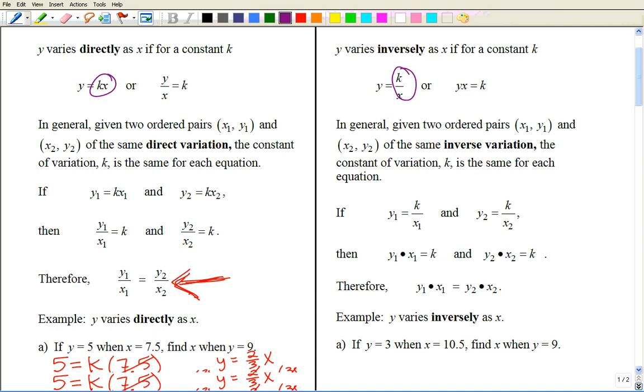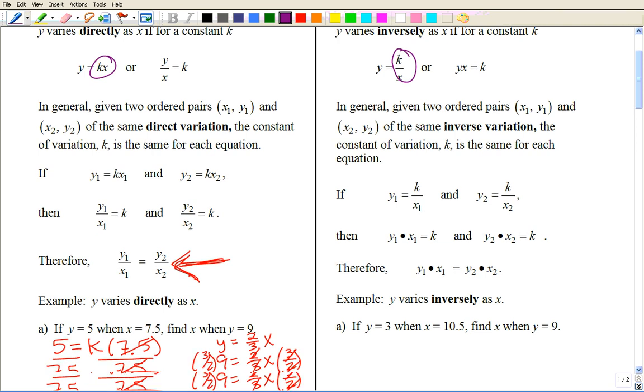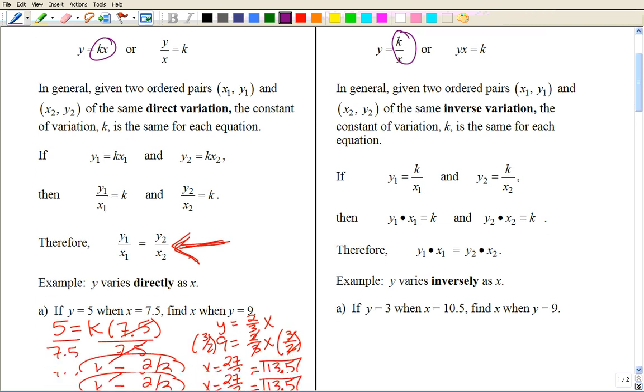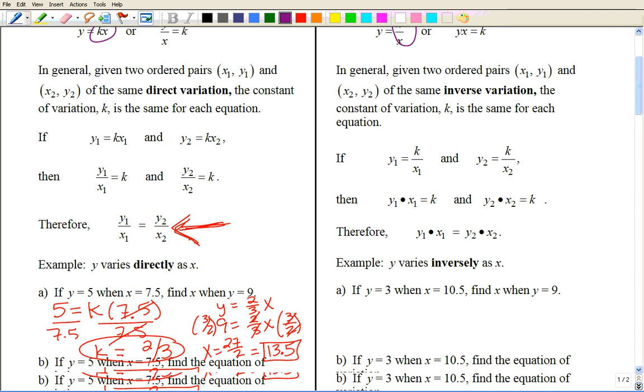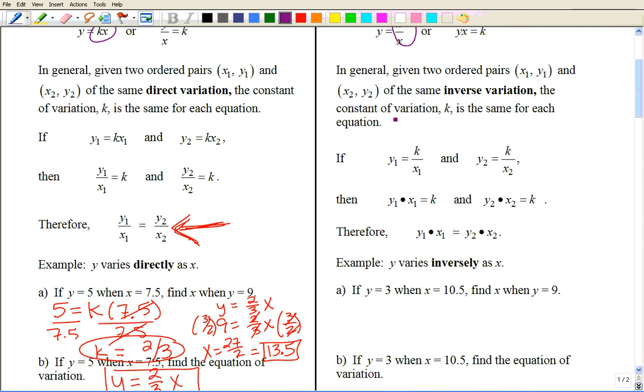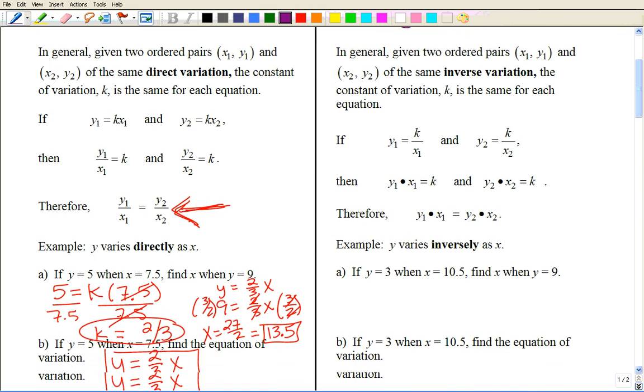So let's look at this example. y varies inversely as x, and if y equals 3 when x equals 10.5, find x when y equals 9. I'm going to do the same thing that I did before. I'm not given the value for k, the constant of variation, so I'm going to solve for it.